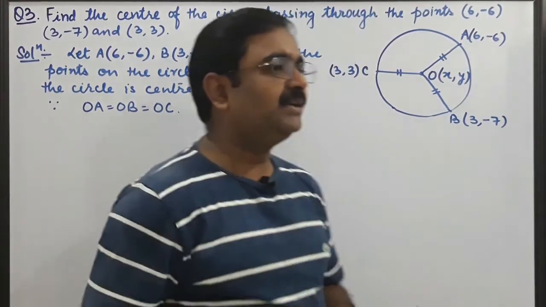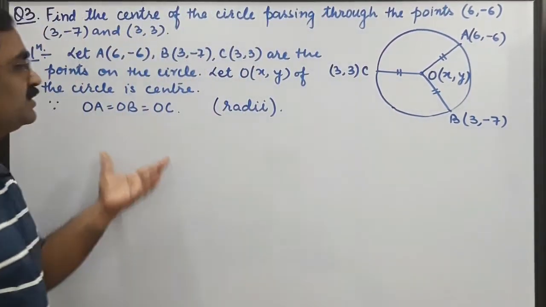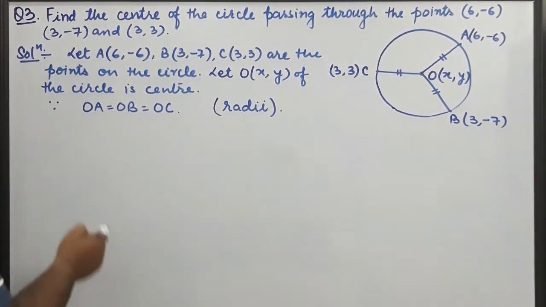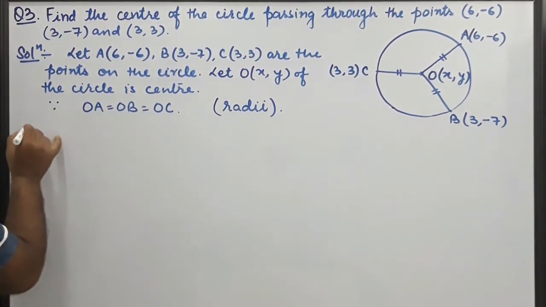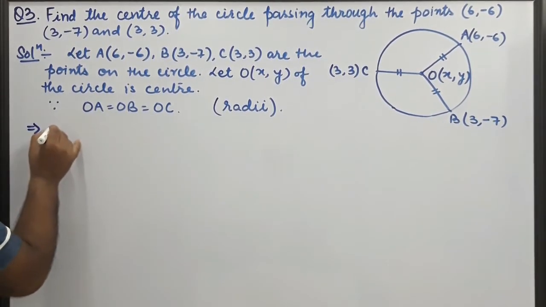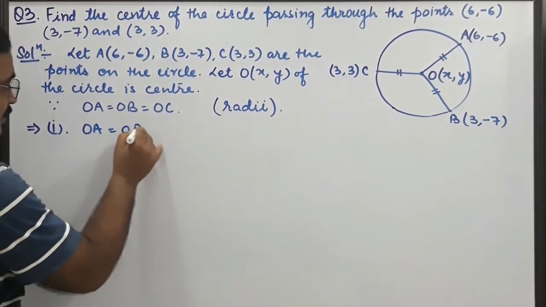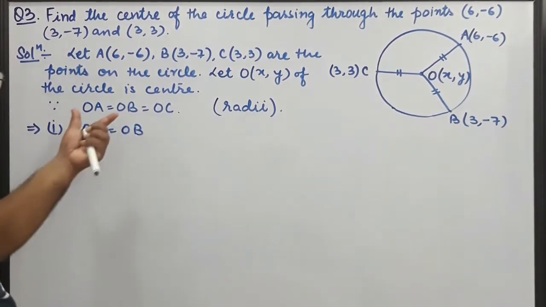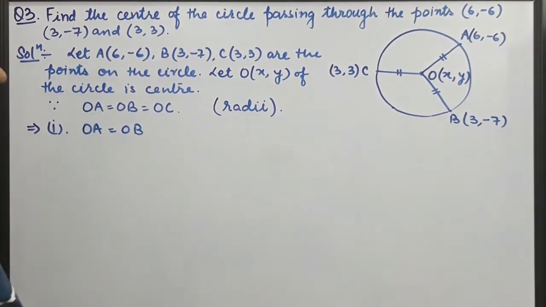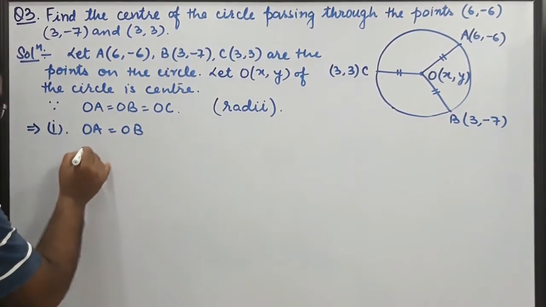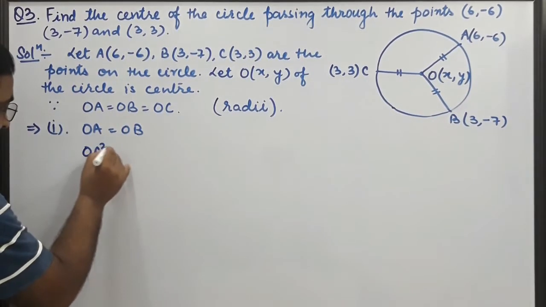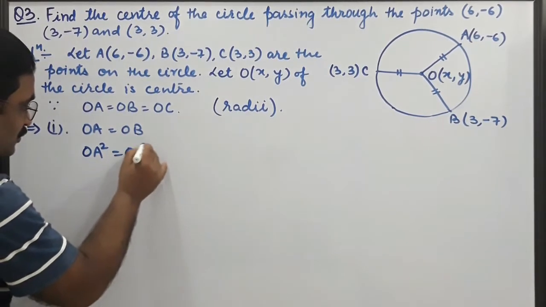So let us find out the measure of all these 3 sides. You have to take the first condition OA equals OB. If OA equals OB, then it can be written as OA square equals OB square also.